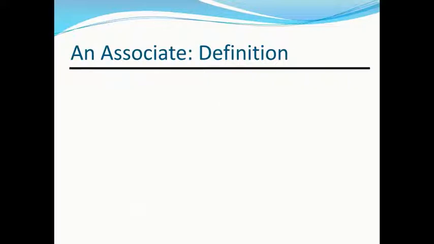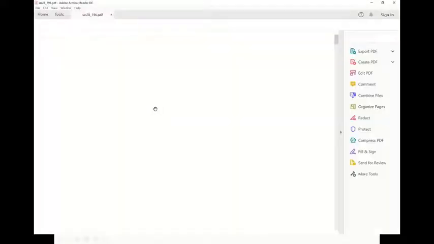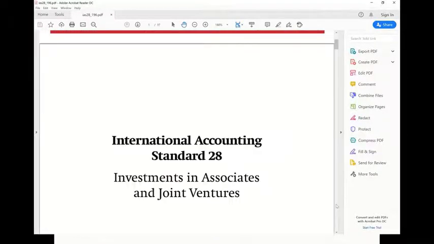Starting with the definition of an associate. For this topic we use International Accounting Standard 28, and this standard mainly covers the definitions and the accounting treatment of the investment in associates and joint ventures.